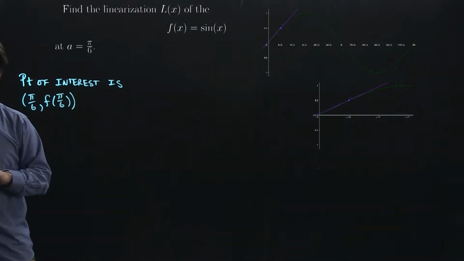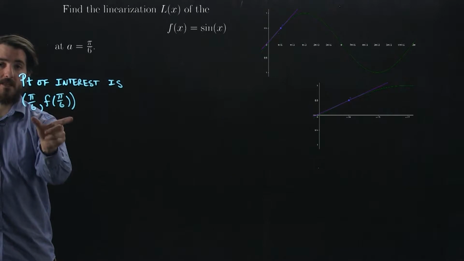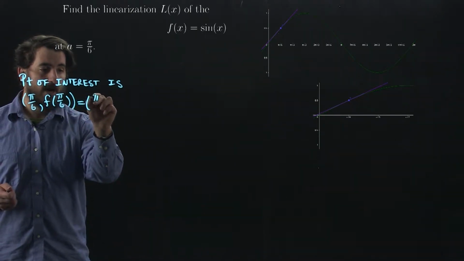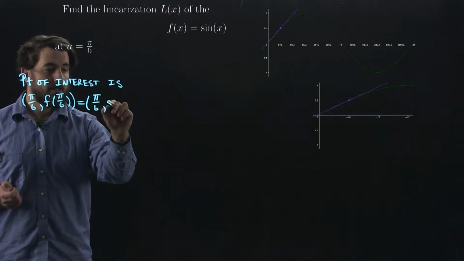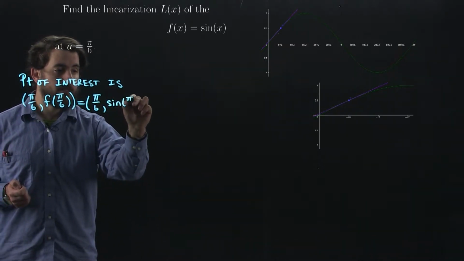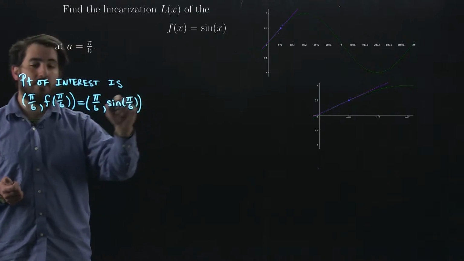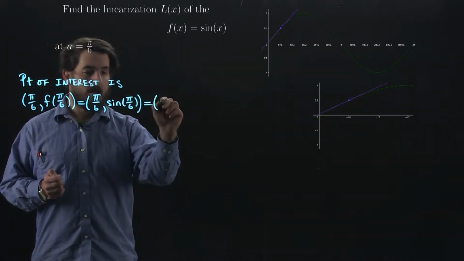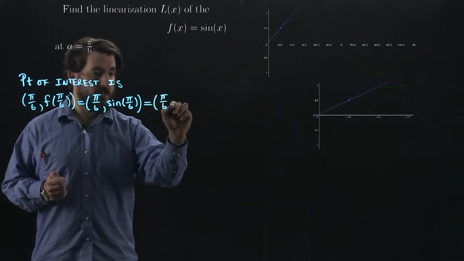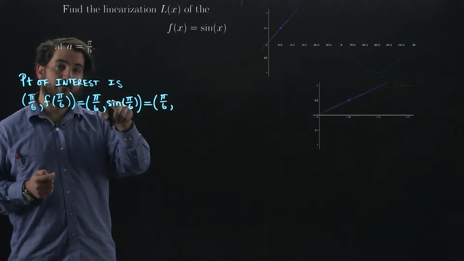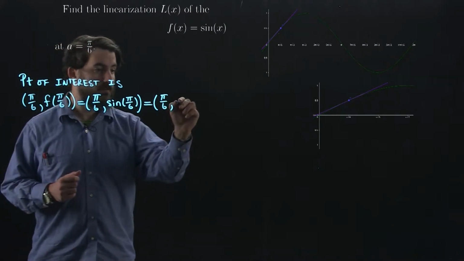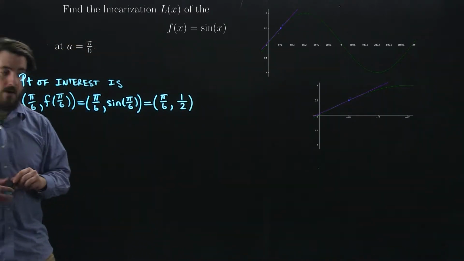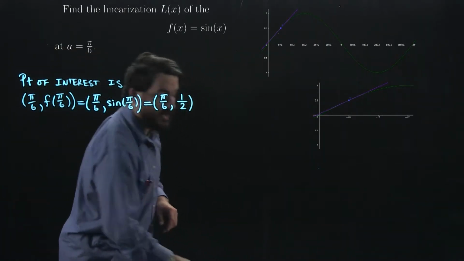So we want to construct a tangent line equation at this point. This is pi over 6, sine of pi over 6, because that's what my f is, which is the same as pi over 6 comma 1/2. So that is the point at which we want to construct the tangent line equation.